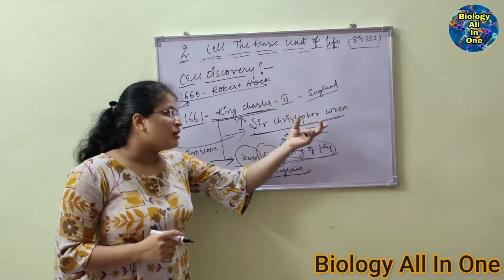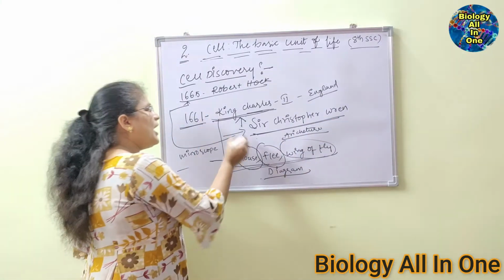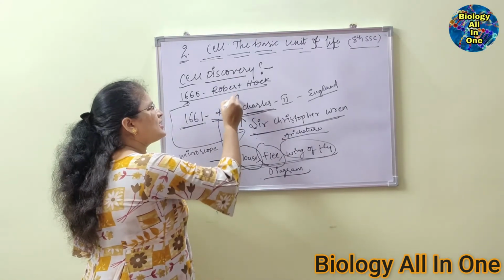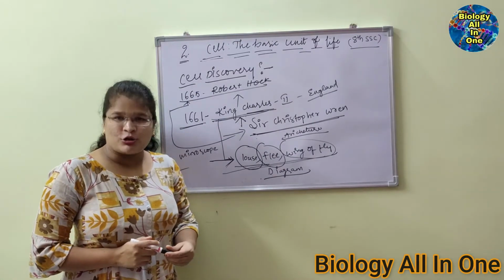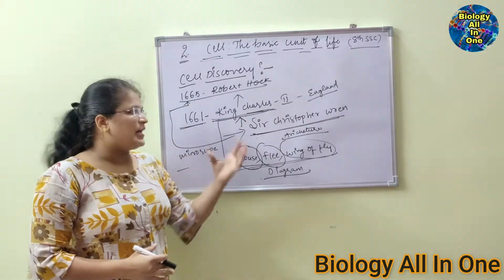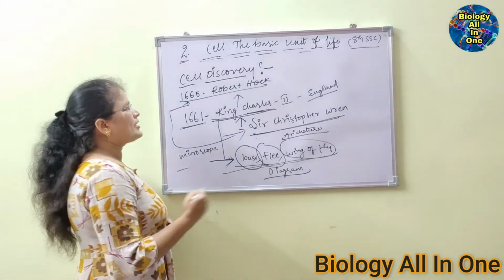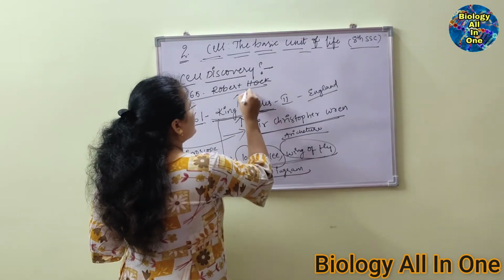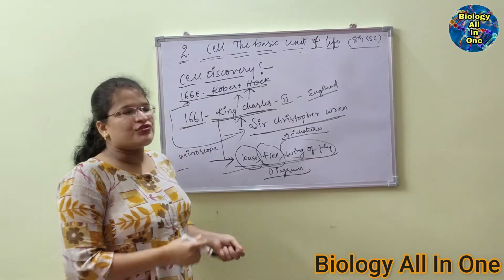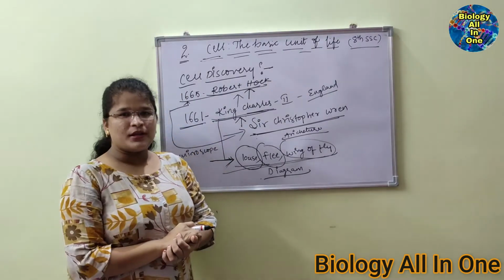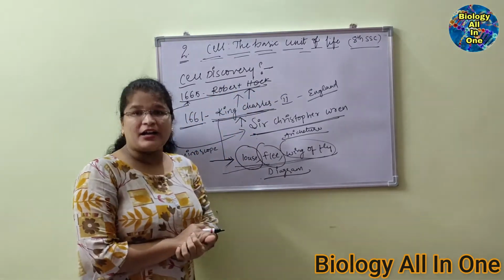But Sir Christopher, due to some unfortunate reasons, refused. So King Charles appointed Robert Hooke to observe different kinds of organisms under the microscope and bring sketches of those things. After he joined the job, Robert Hooke observed different things under his own microscope and drew them in his book.